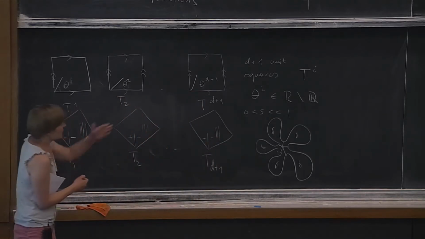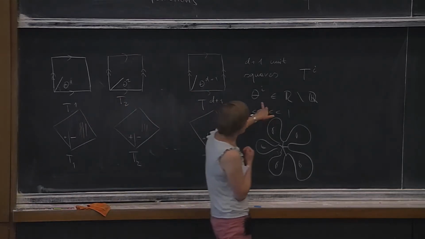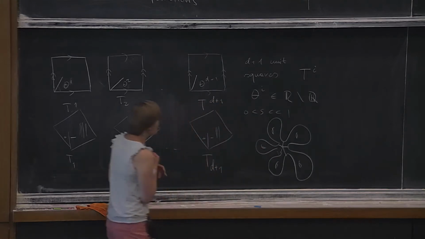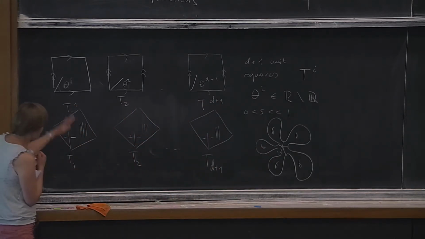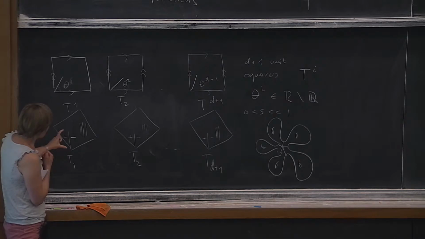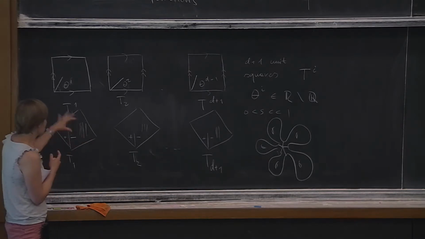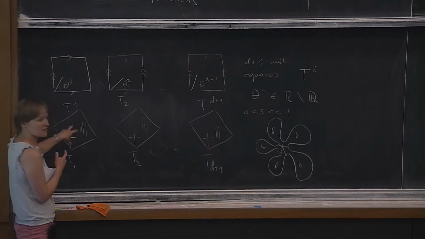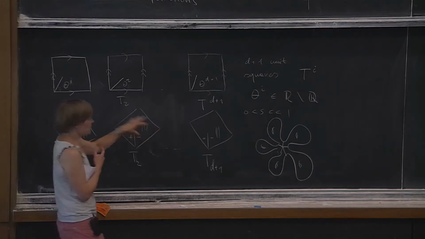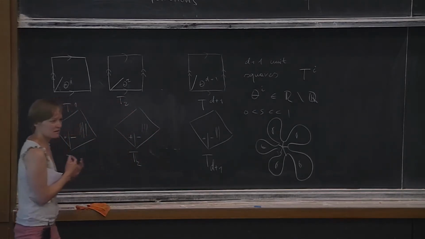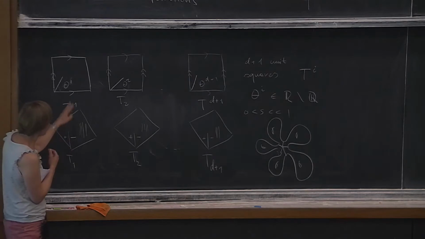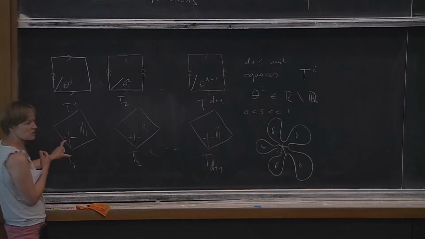And since I took theta_i irrational, you can already see that the vertical foliation is going to be dense, restricted to each of the pieces, because the slope I took is irrational.